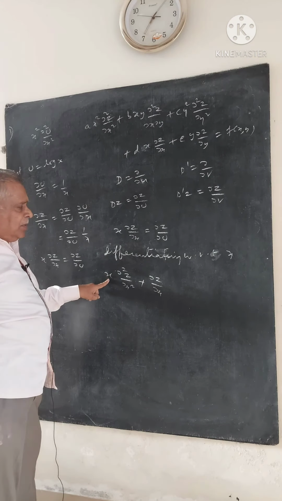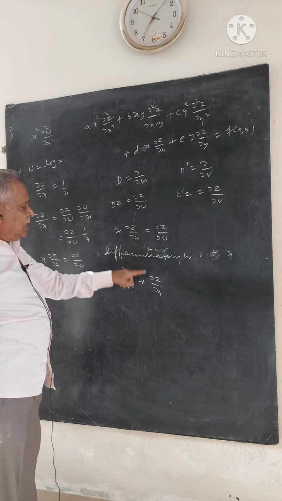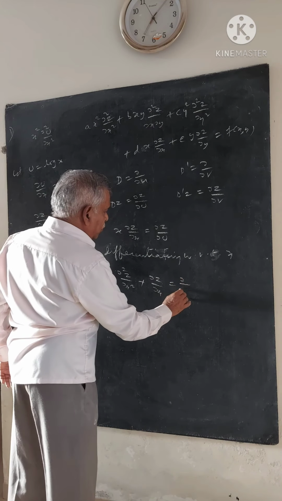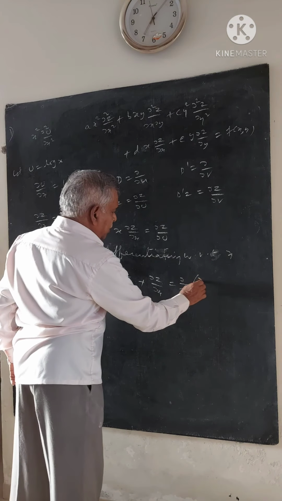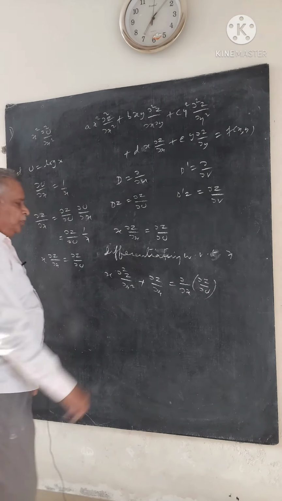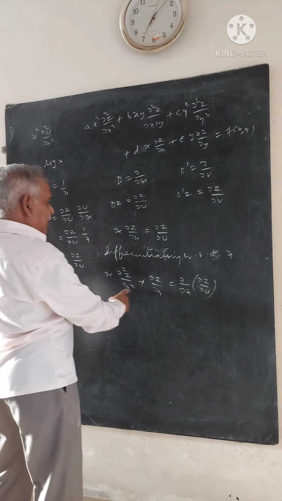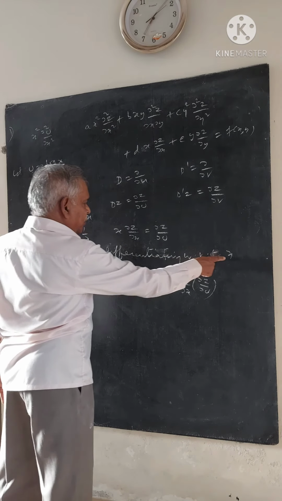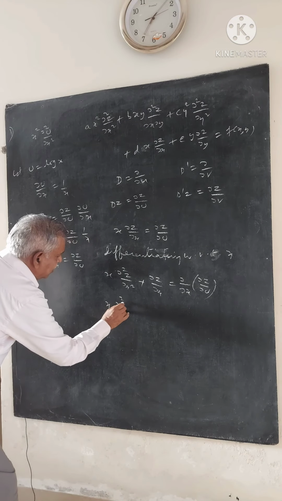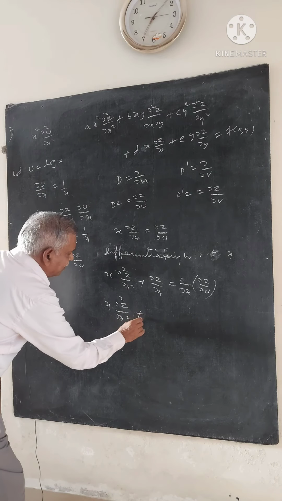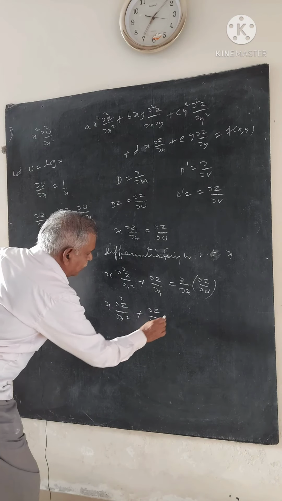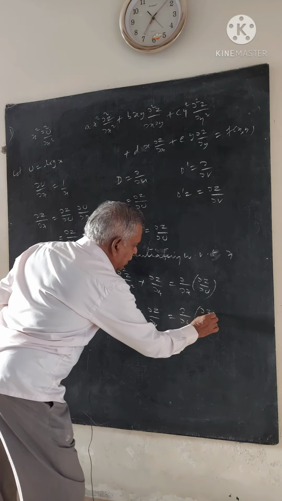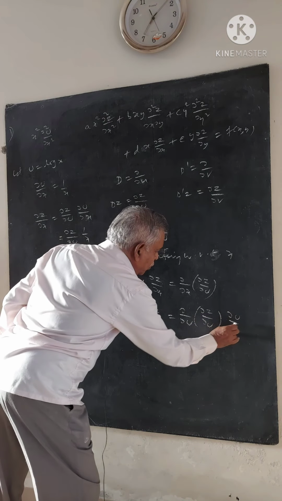First keep this untouched, differentiate, plus this untouched, x differentiated gives 1, equal to ∂/∂x of ∂z/∂u. Carefully follow, we are differentiating with respect to x only. So x ∂²z/∂x² plus ∂z/∂x equals ∂/∂u of ∂z/∂u times ∂u/∂x.